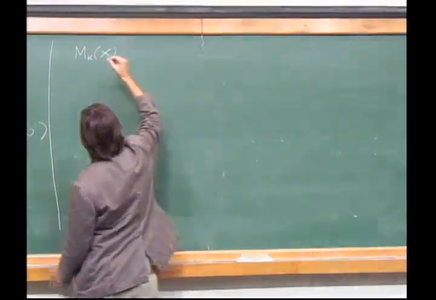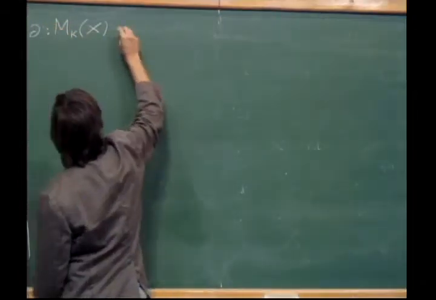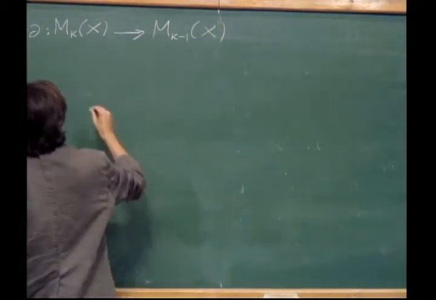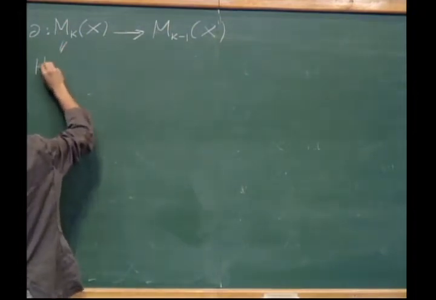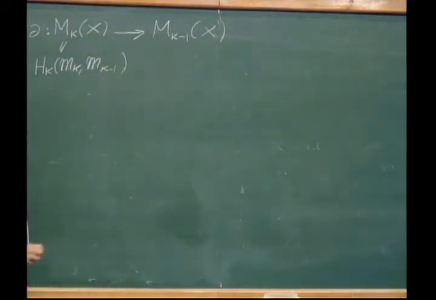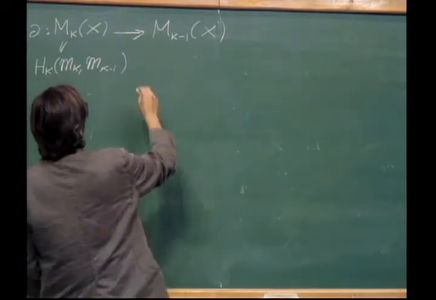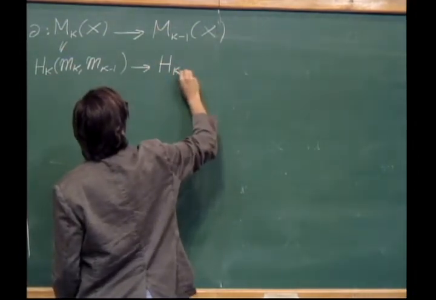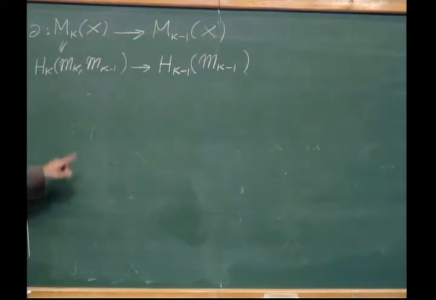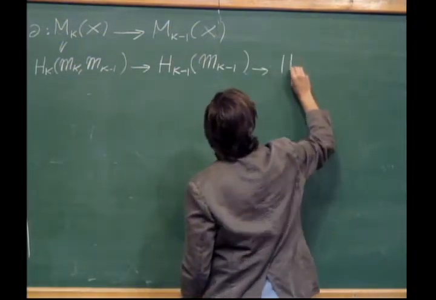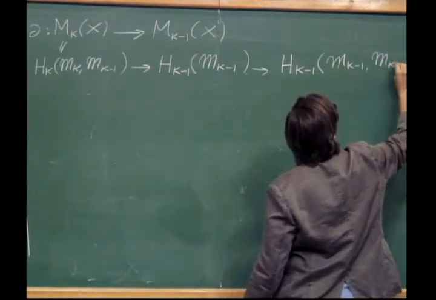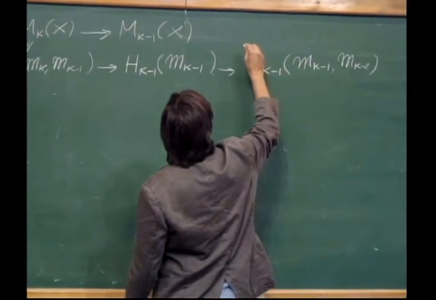One wants to build a homomorphism, which is actually a boundary, from MkX to Mk minus 1 X. And this is defined like this. MkX, by definition, is just Hk of Mk modulo Mk minus 1. Then this, with the usual boundary operator, goes into Hk minus 1 of Mk minus 1, using the boundary operator in singular homology of pairs. And this, by the inclusion, goes into Hk minus 1 of Mk minus 1 modulo Mk minus 2, which is this one.